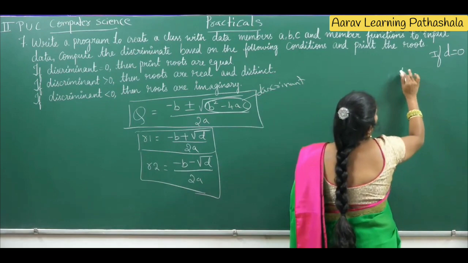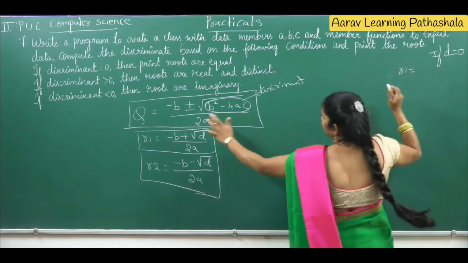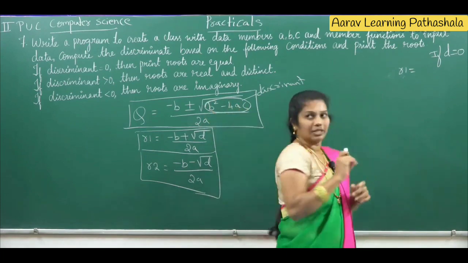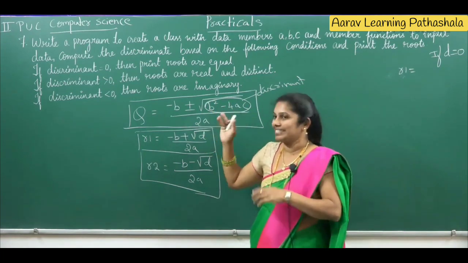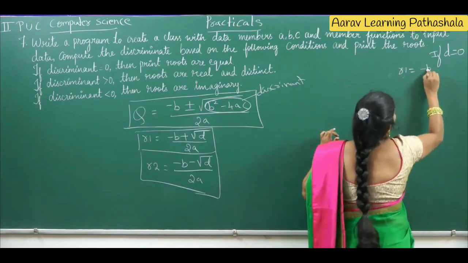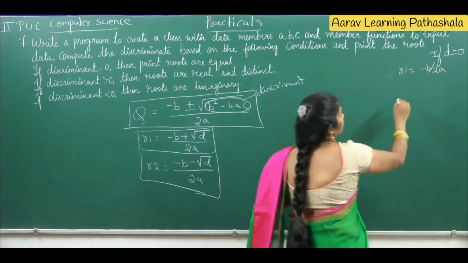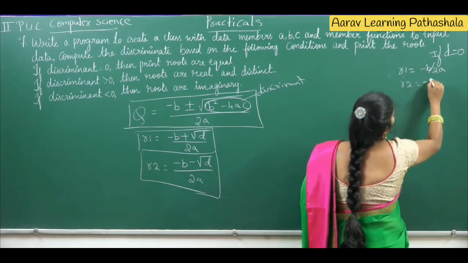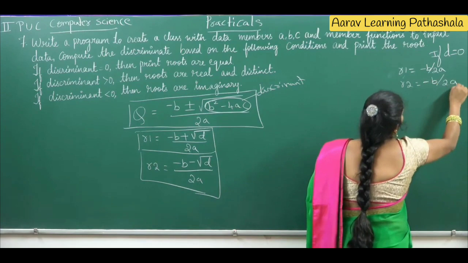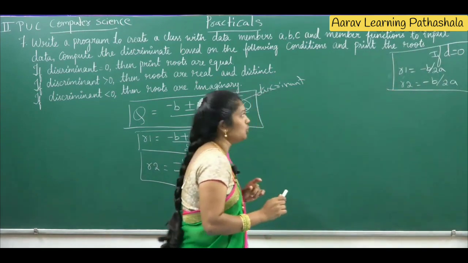then what exactly does root 1 represent? If this part, B square minus 4AC, is 0, then root 1 equals minus B divided by 2A. That is root 1. What about root 2? Root 2 also represents minus B divided by 2A, in the case of discriminant equal to 0.